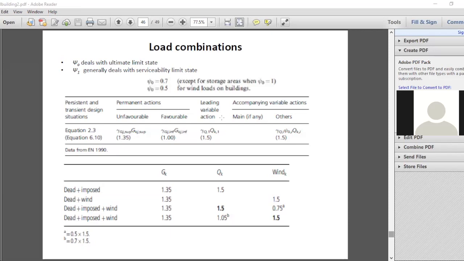So when you are looking at a load combination where you want to combine the wind load, say WK, with GK and QK. So when you have WK, you have to combine it with GK and QK. We have to consider the different load combinations that can be possible.